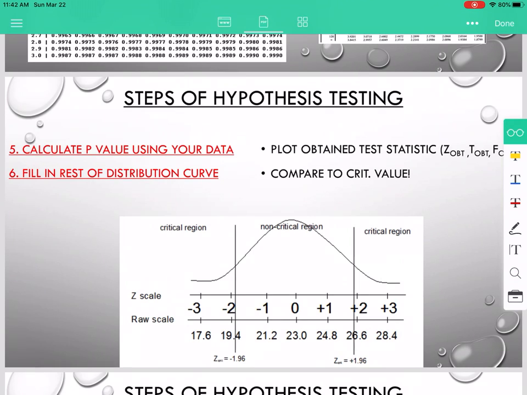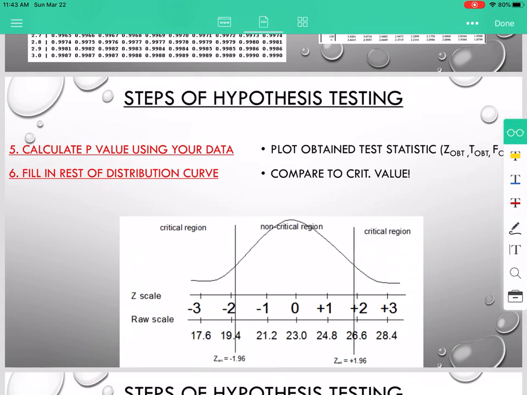Quite a few things to unpack here, but let me help you. We can combine these next two steps together, calculate the p-value and fill in the rest of the distribution curve. So I'm going to be bunching these two together. This is a picture here of what we just drew, right? My raw scale, my Z scale and my raw scale.